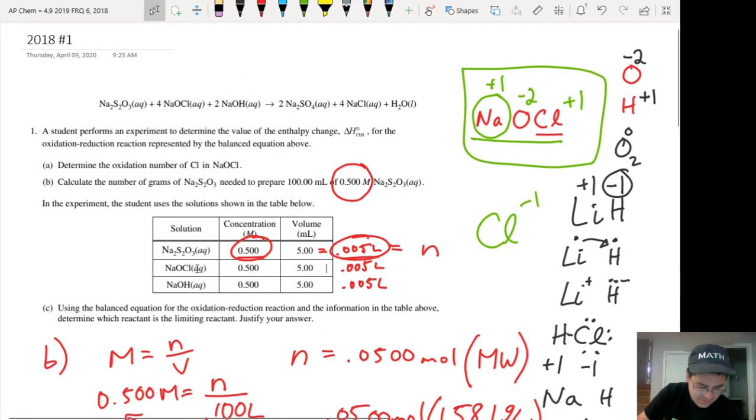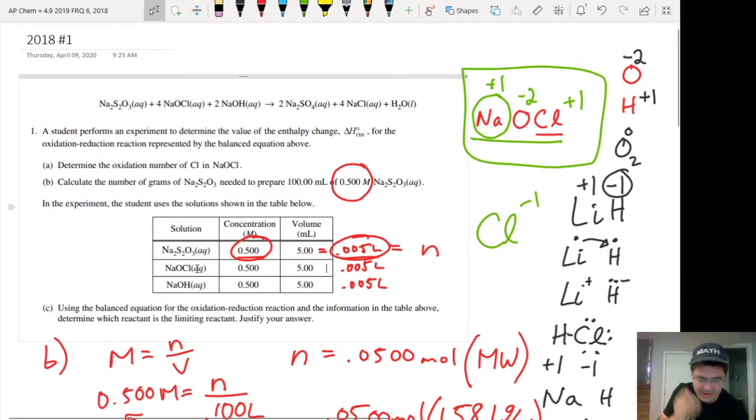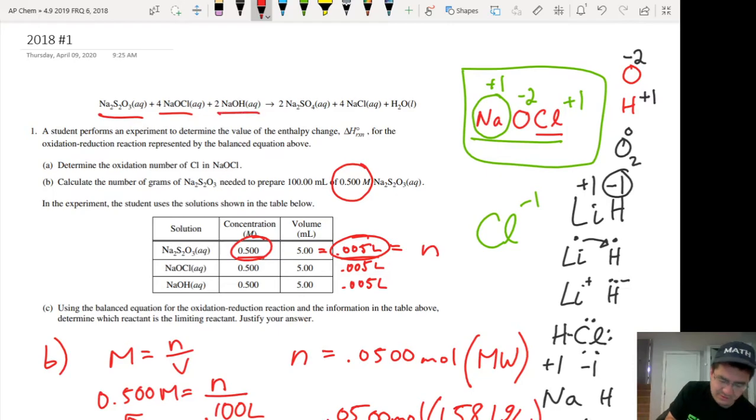Don't you look at the equation, the stoichiometry? Whichever one has the... So which one's going to run out first? The Na2S2O3. Careful. Which one has the biggest coefficient? NaOCl. So this one is getting used up 4 times as fast as this one, right? And compared to the sodium hydroxide, how much faster is it getting consumed?